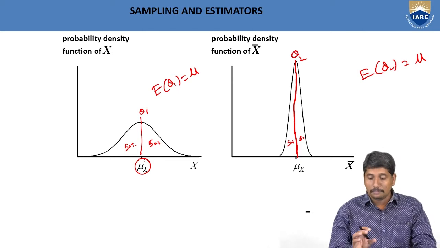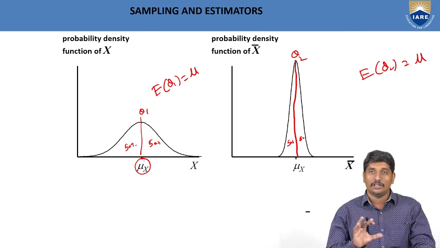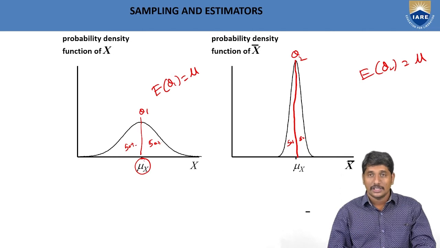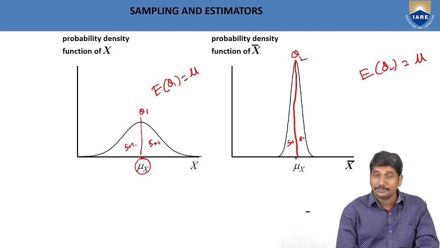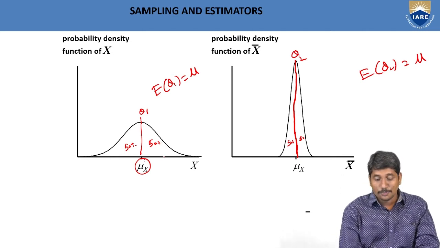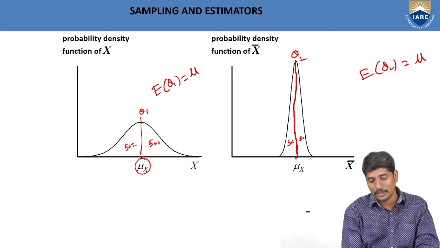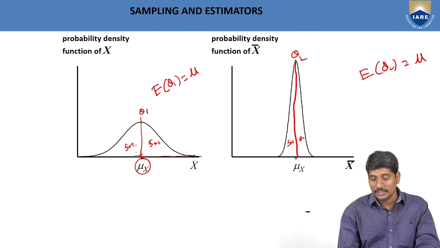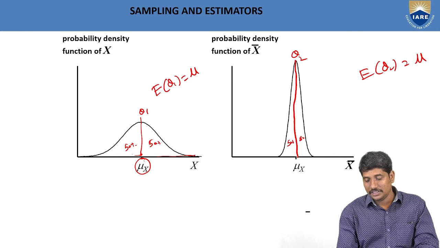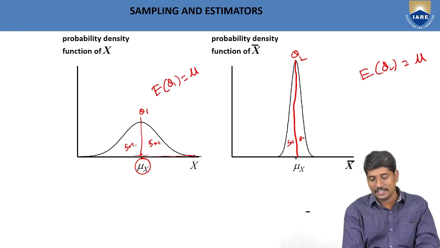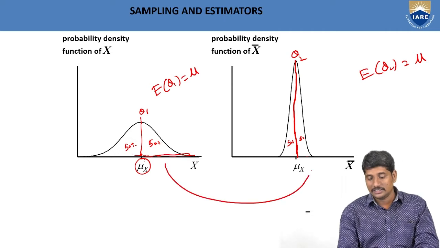So what is the difference that you are observing between the two graphs? Here the data has been spread over a longer distance, from here to the tail end. Compare the distance of this tail and this tail. You observe that this is bigger than this.